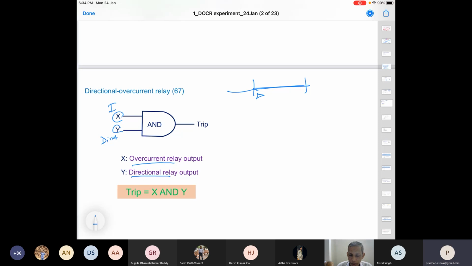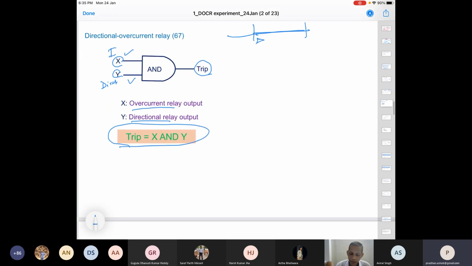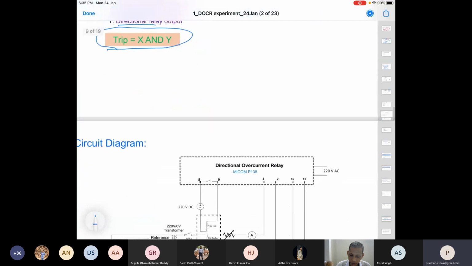That is what we call a forward looking relay in relay engineering. So when the current is high, above the threshold, and the fault is in the forward direction, this AND operation will go for the trip decision, otherwise it is a block or restraint decision. So trip is decided by X and Y with an AND operation. This is what we talk about from this perspective.